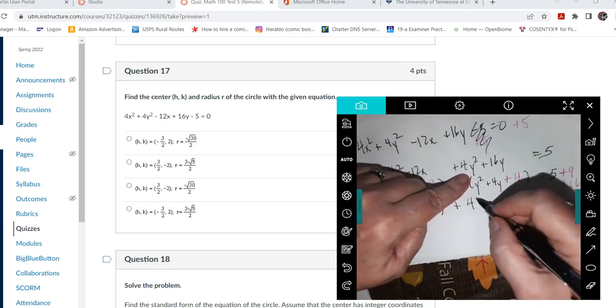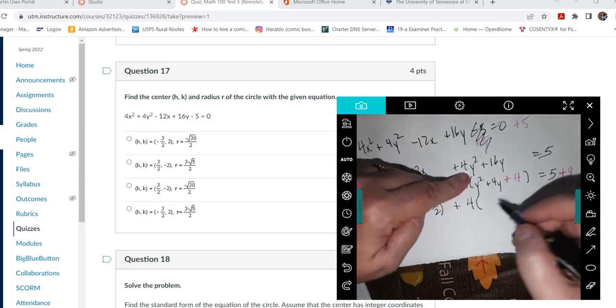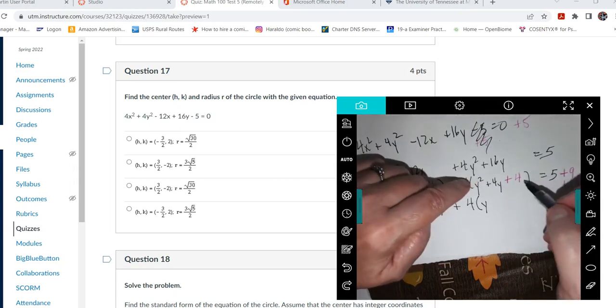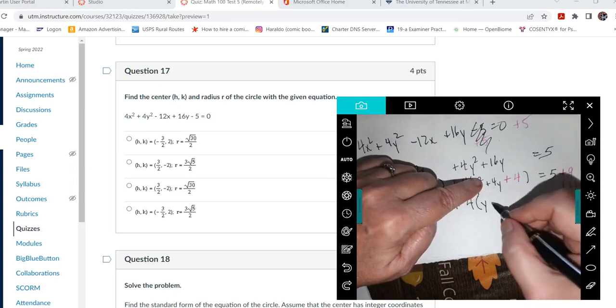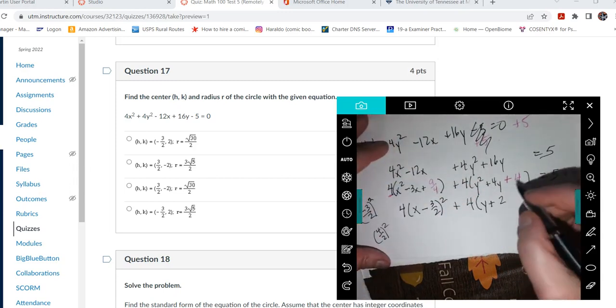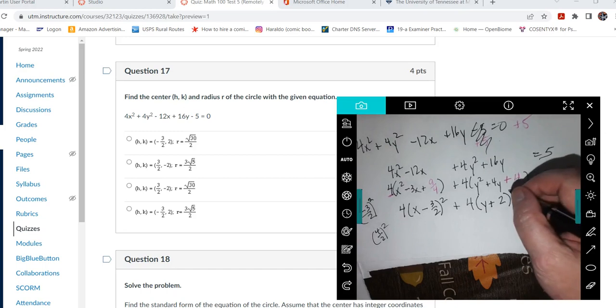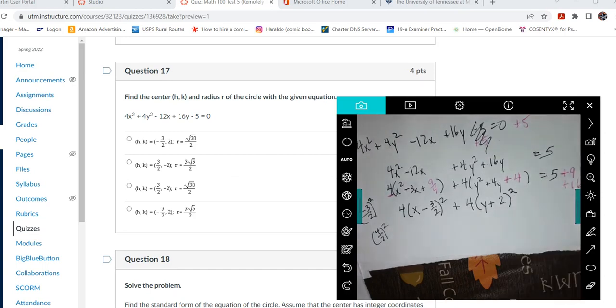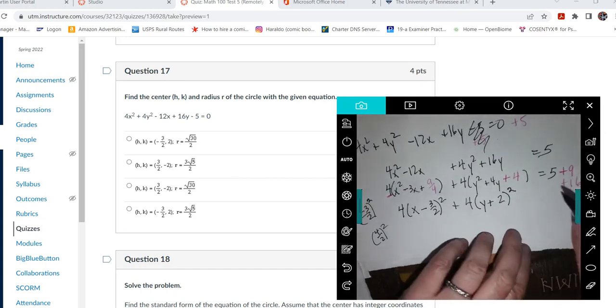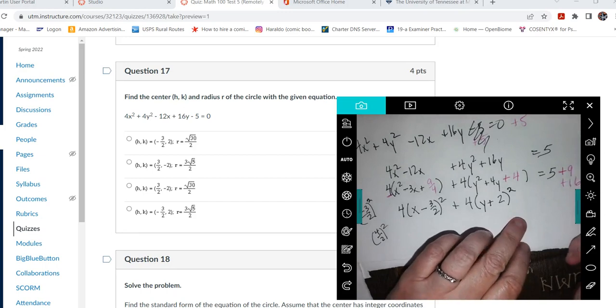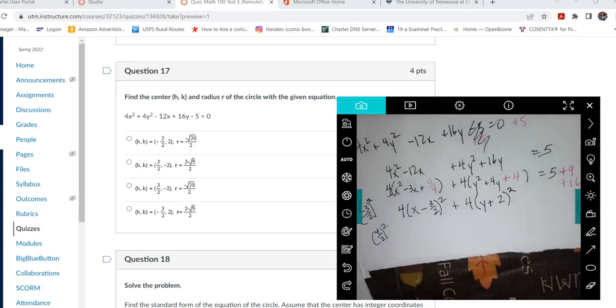And because I've completed the square here, this will factor as y, and then plus this number divided by 2, all squared. Okay. And here I'm going to have 5 plus 9 is going to give me 14, and 14 plus 16 is going to give me 30.